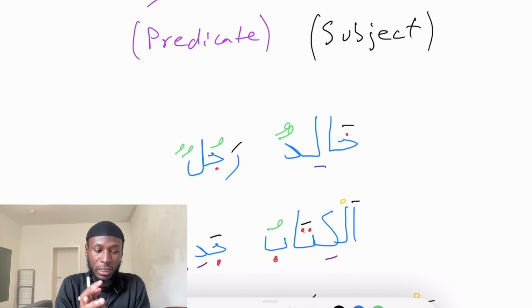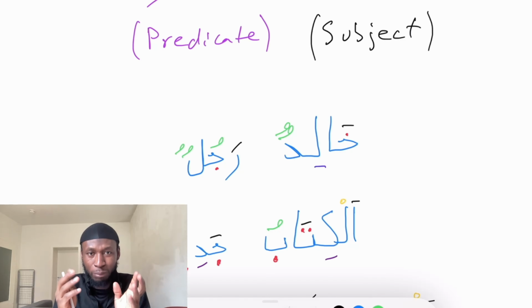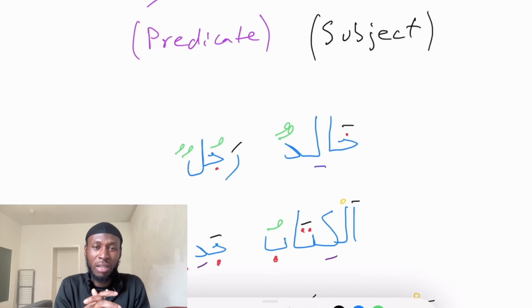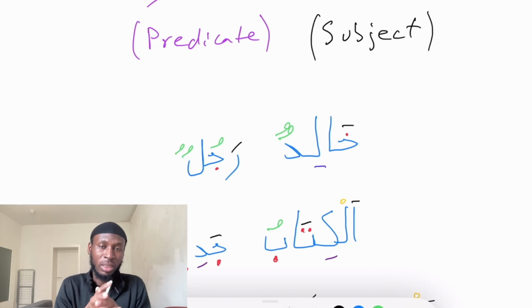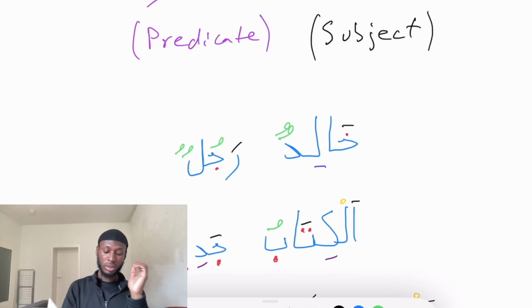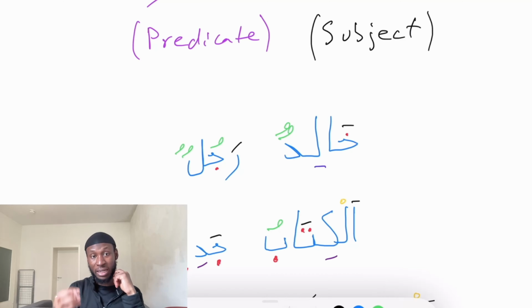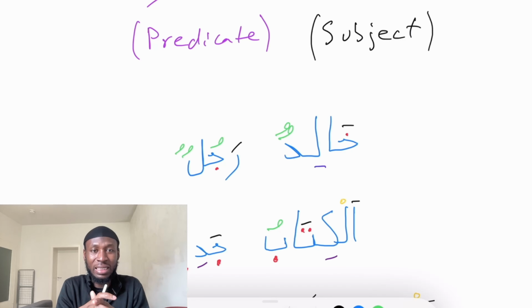We said that 95% of masculine proper nouns have tanween and they are definite. And when a noun is not a proper noun and has a tanween, it is indefinite.